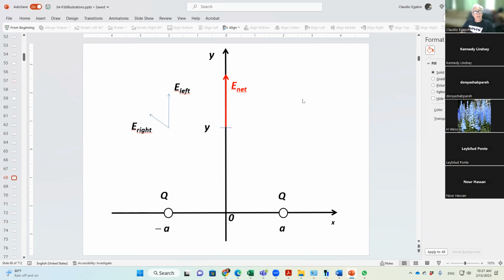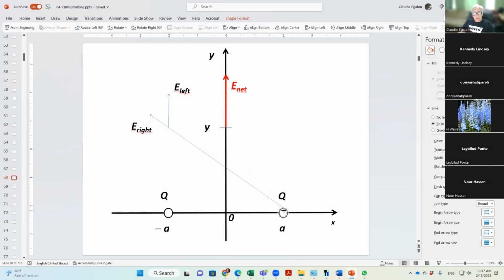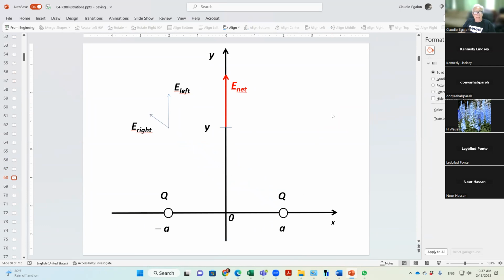So here you go. That's exactly what I drew, right? Radial direction, see that? Radial direction. And then all you have to do now is to combine those two electric field vectors into a net electric field, which is this one here.